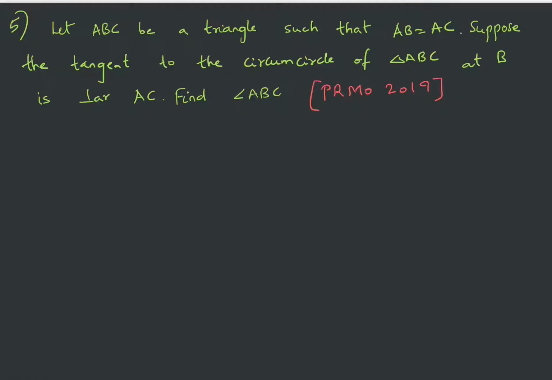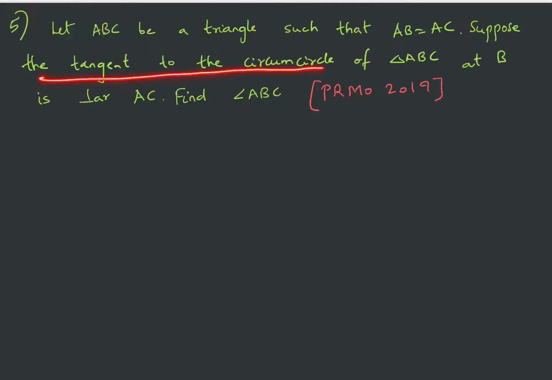Yes. So there is a problem from PRMO 2019. So I'll dictate the problem, copy down the problem. Let ABC be a triangle such that AB is equal to AC.